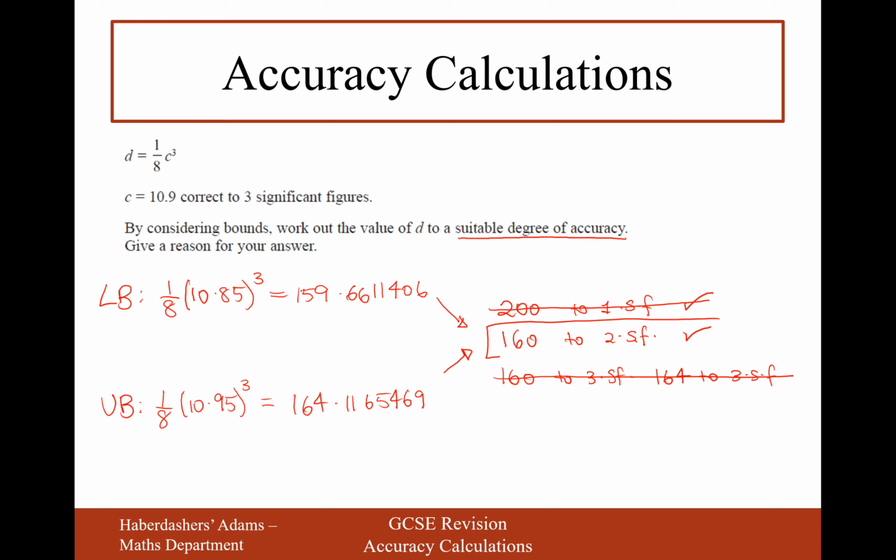So the answer to this question is 160 to two significant figures. We've chosen the suitable degree of accuracy. The suitable degree of accuracy was two significant figures, and it does say work out the value of D as well. So D equals 160, and the suitable degree of accuracy is two significant figures.